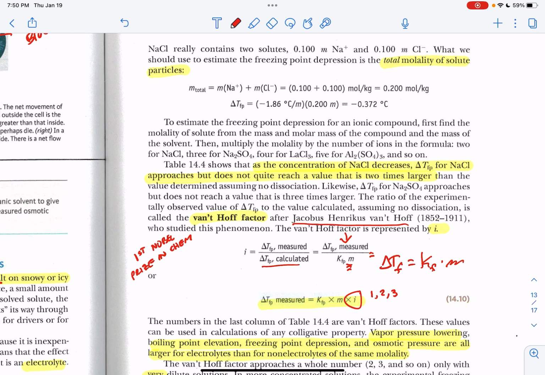But then you should realize that it's unlikely to be 2 or 3 or 4, but slightly less than that depending upon the concentration of the solution, because some of the ions, being oppositely charged, will attract and stay together.